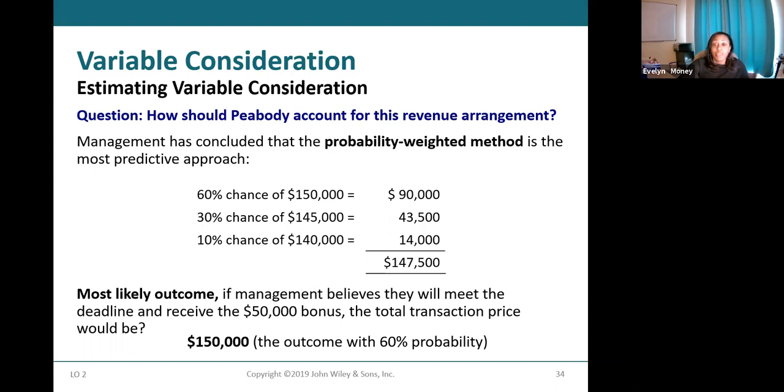But the companies that are on the receiving end of that performance bonus, they need to take that into consideration. And if they don't think they're going to finish on time, then they have to use this probability weighted method to help them predict how much they should receive. If they think they're going to finish on time, then they're good to go with recording the contract at 150,000.